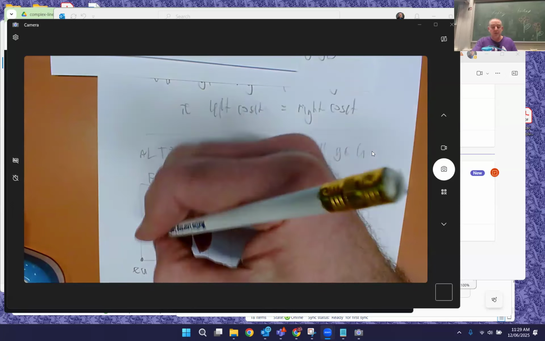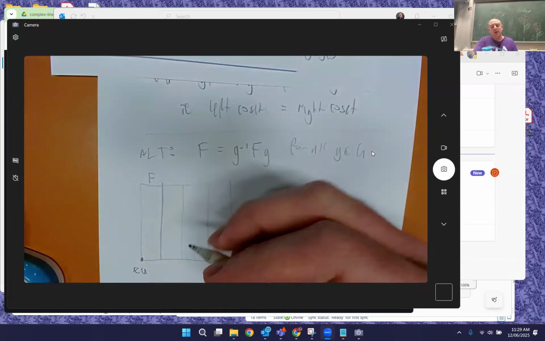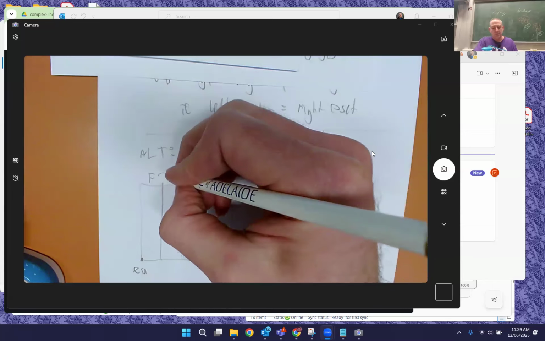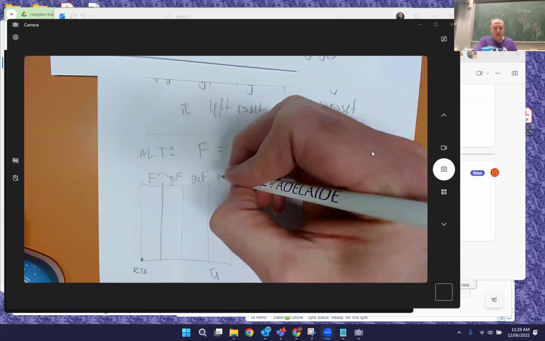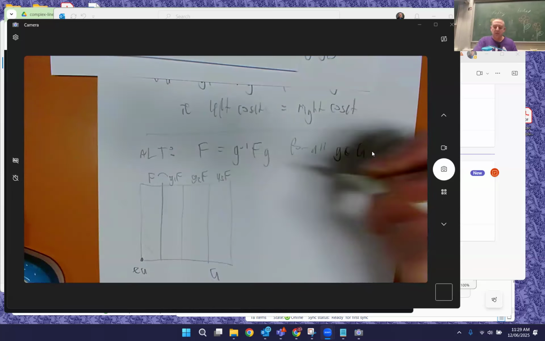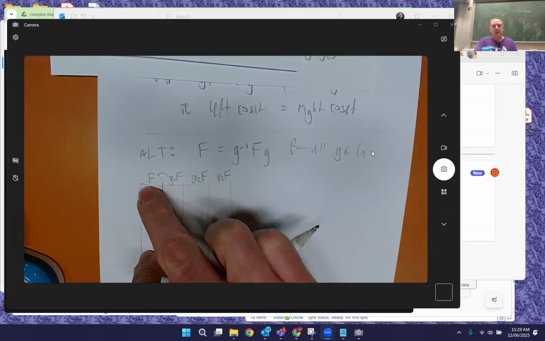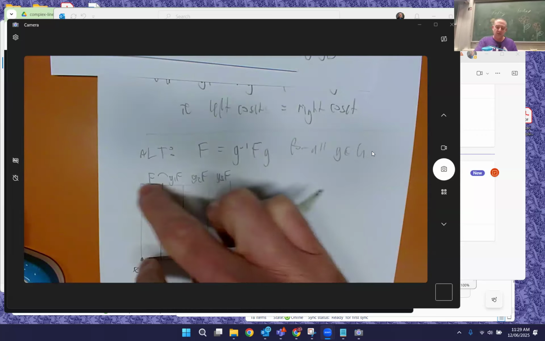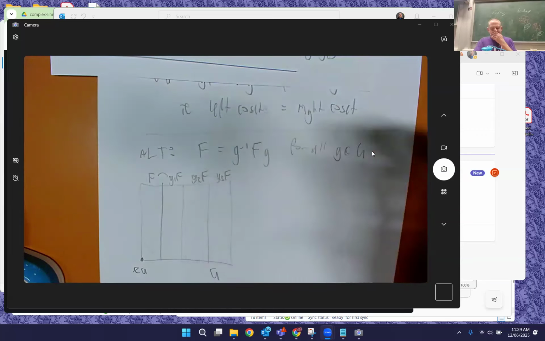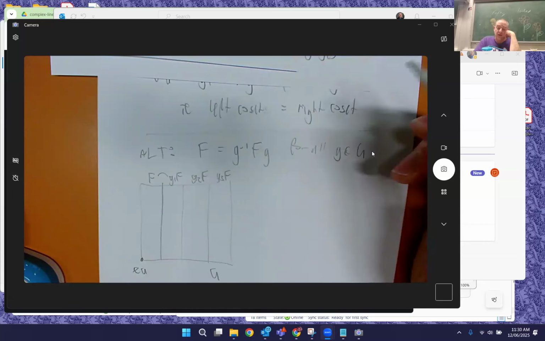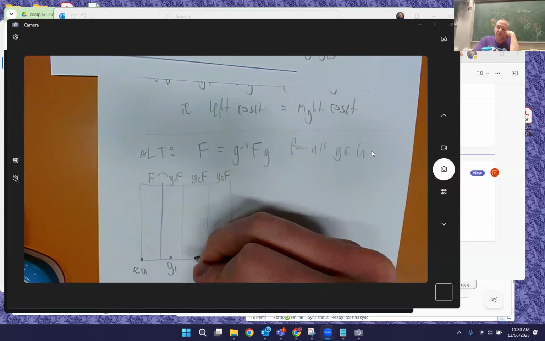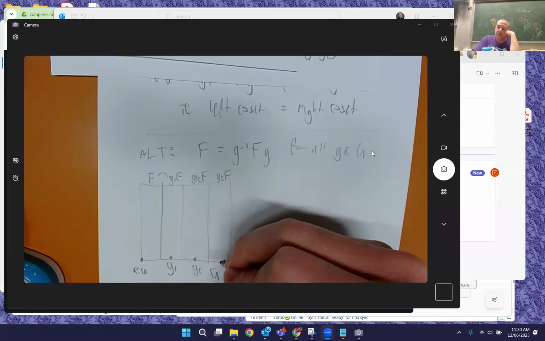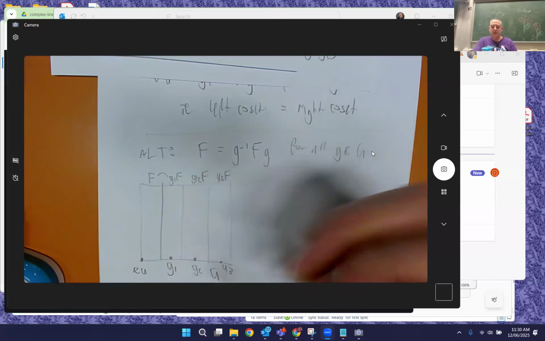So these are all the elements of F, and then you multiply them all by g, and so you'll get g1F, and this will be g2F, and this will be g3F, like that. The element g1 is definitely in this one, the element g2 is in this one, and the element g3 is in this one.